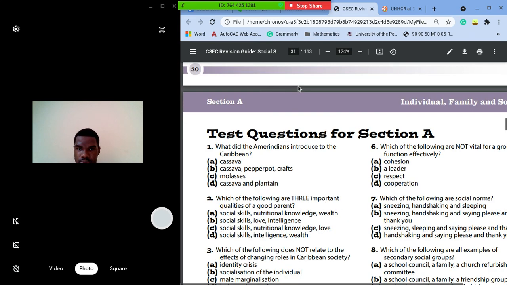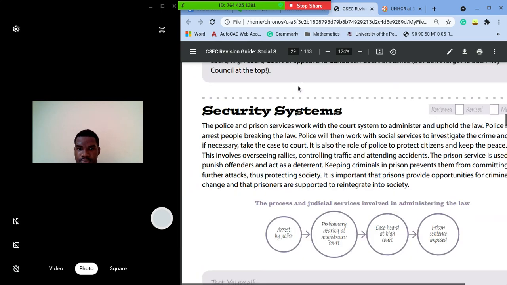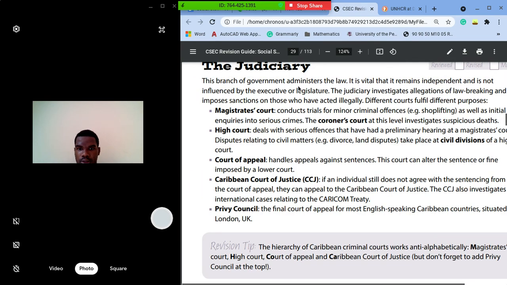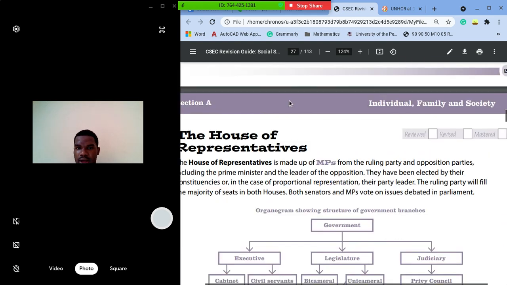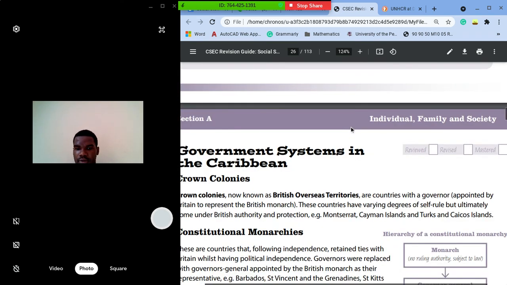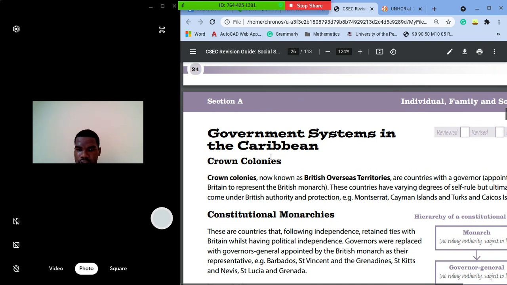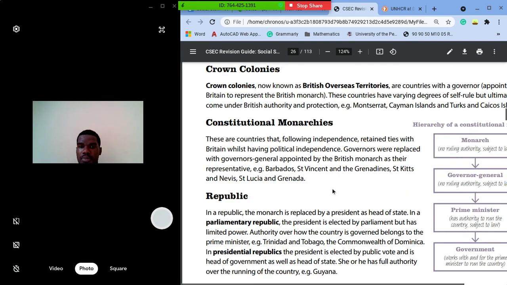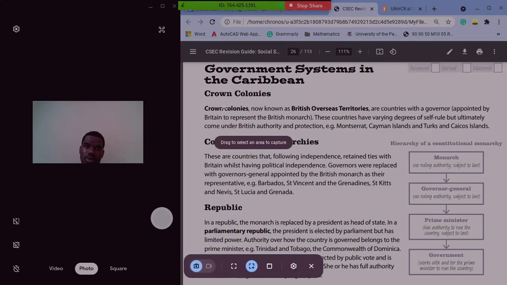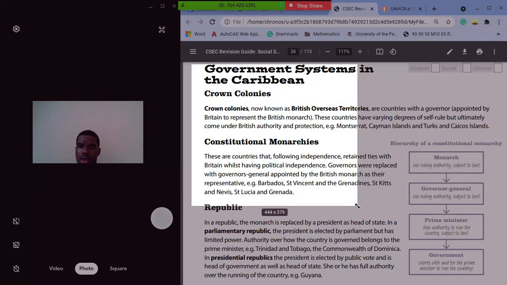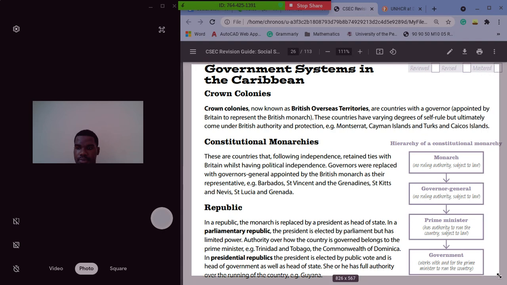Here we go. When we looked at government, we talked about the fact that you have crown colonies, constitutional monarchs, and republics. I want you to go over this for me. We learned this last term, and we're going to go over it just to make sure you understand. In the meanwhile, complete the homework for me, and if you have any questions, just let me know.